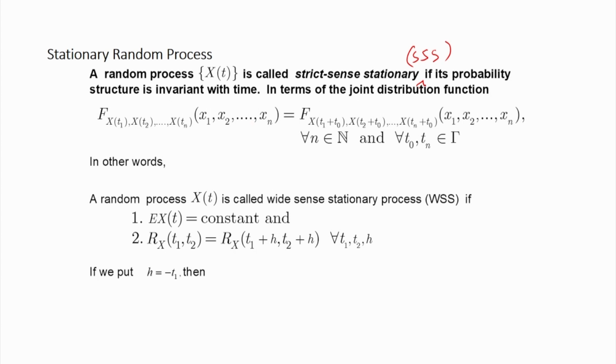So, what does it mean? That joint CDF for any order n is independent of the shift of the time axis. So, you consider whether at t1, t2, tn or t1 plus t0, t2 plus t0 up to tn plus t0, this joint probability structure will remain invariant.